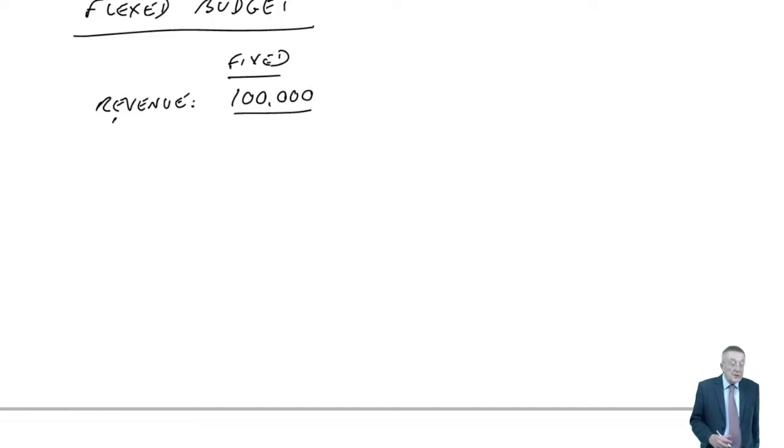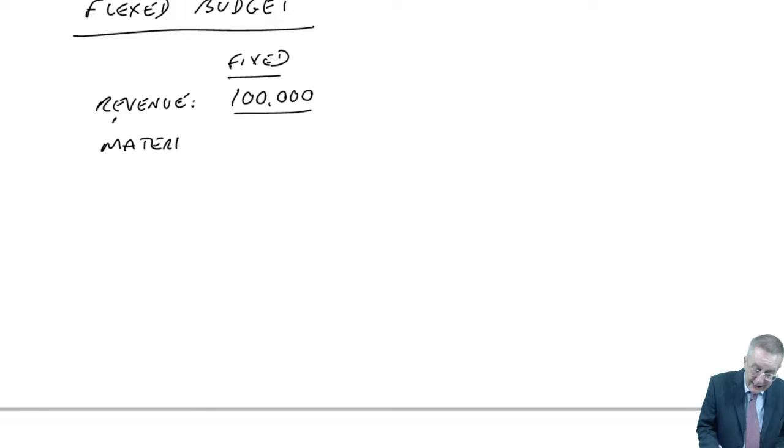What about the budgeted costs? And certainly if you look at the last line of the question, it says we're using marginal costing. So if it's marginal costing, we look firstly at the variable costs, which are materials. We budgeted on 50,000. Labour, 25,000.